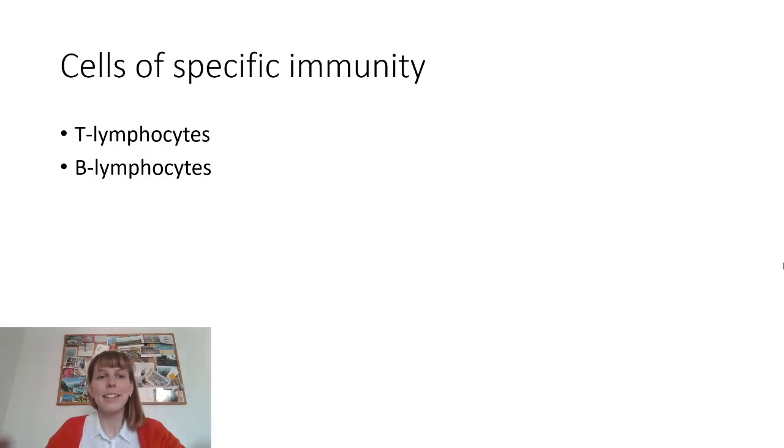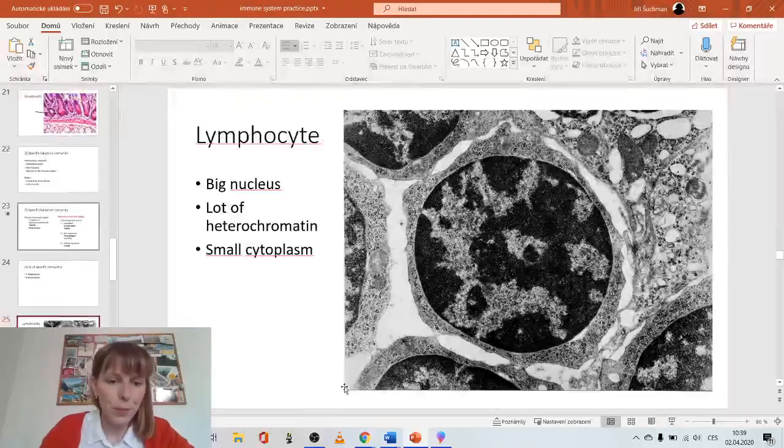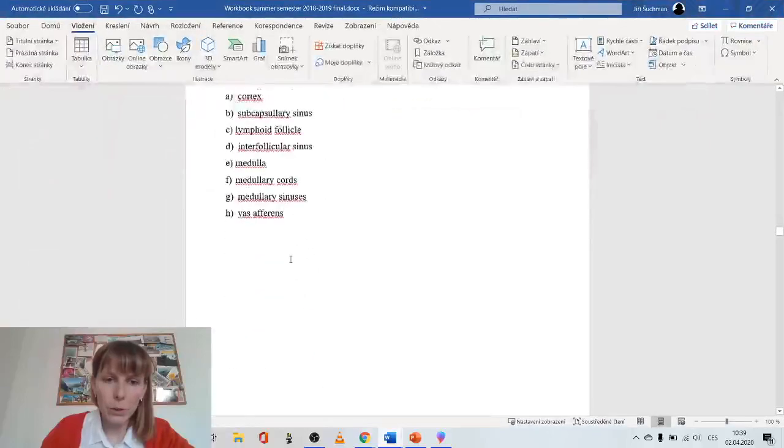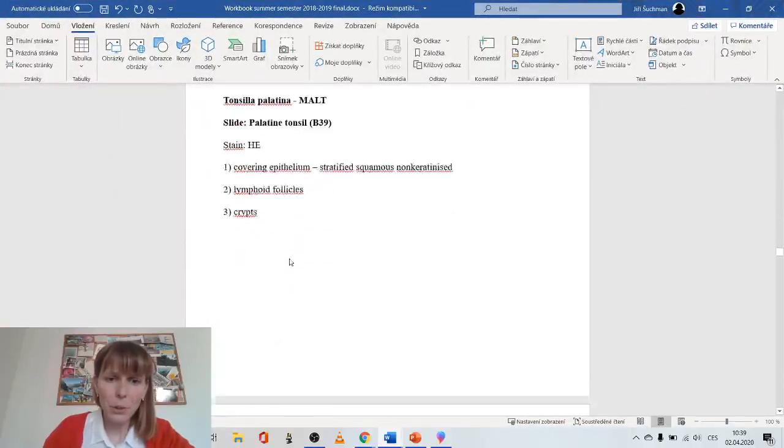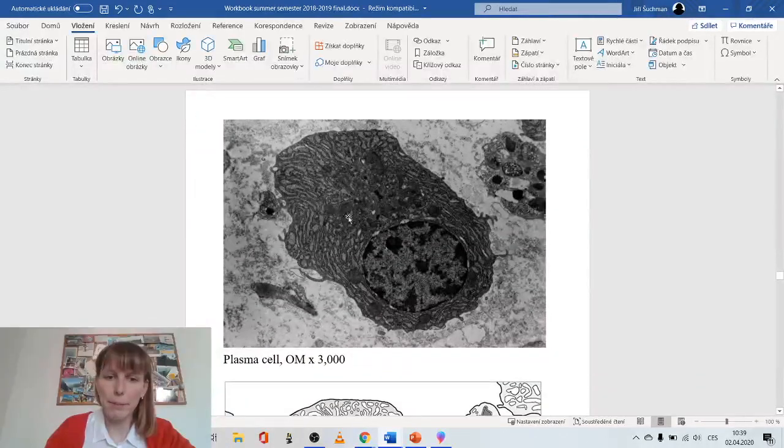Perfect. And the cells that will be playing the role of the specific immunity will be mostly T lymphocytes and B lymphocytes. So we have one more picture from electron microscope or two more pictures, that you have in your workbook. So if you again scroll down to the end, you will see a picture of lymphocyte from electron microscope and plasma cell.